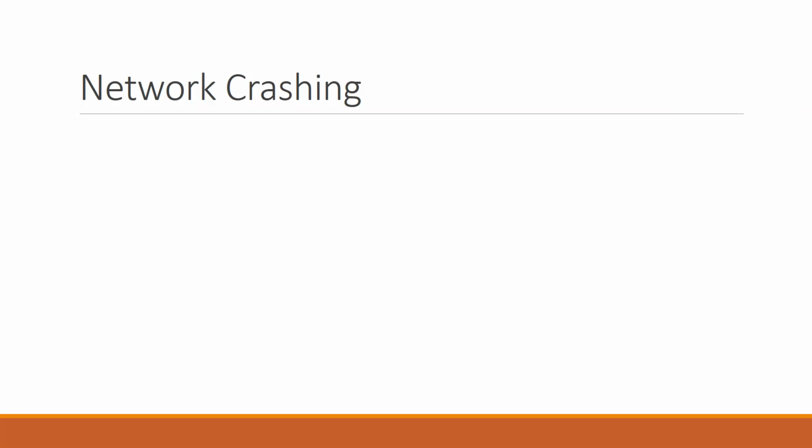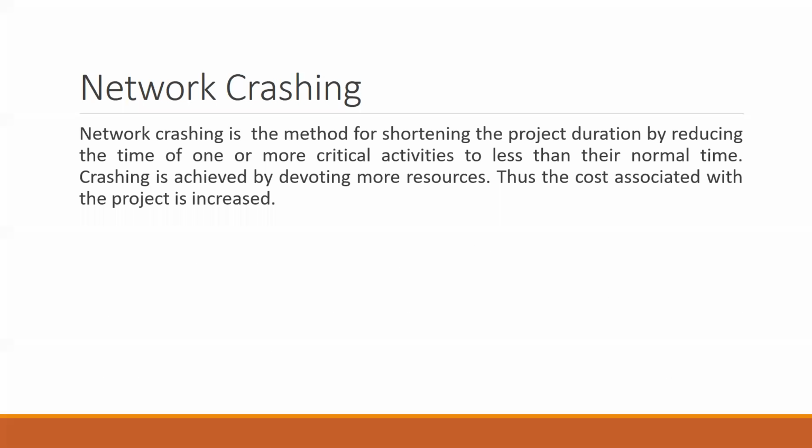That is the whole purpose of network crushing. To go through one small definition, network crushing is the method for shortening the project duration by reducing the time of one or more critical activities. Please remember, it has to be only for the critical activities, to less than the normal time.